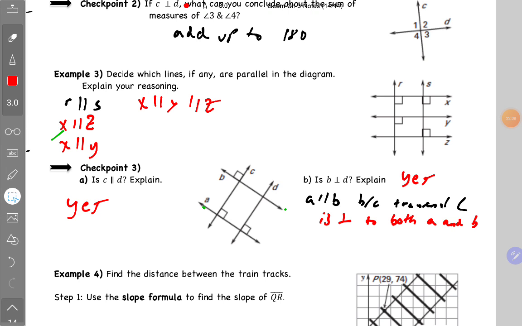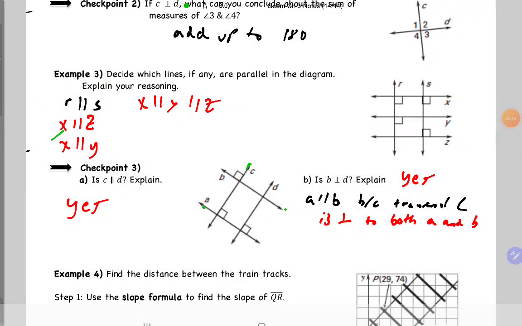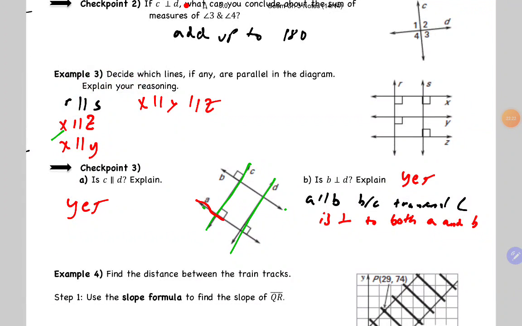C is parallel to D because of A. So we're going to use that explanation there.